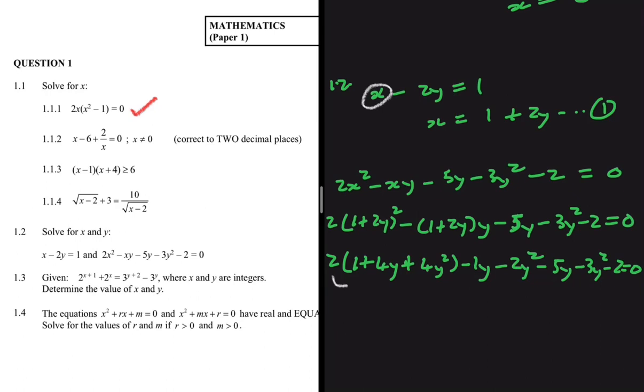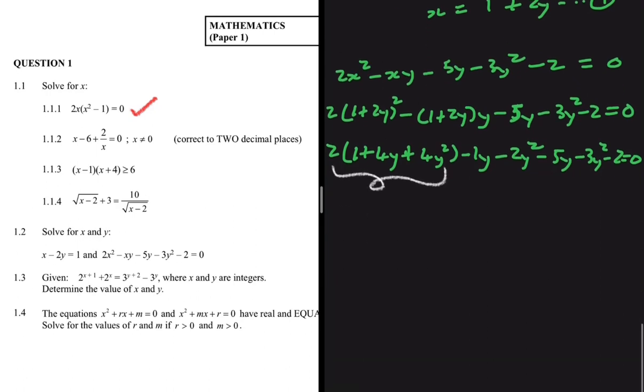If we multiply out by 2 here, we get 2 plus 8y plus 8y squared minus 1y minus 2y squared minus 5y minus 3y squared minus 2 is equal to 0.